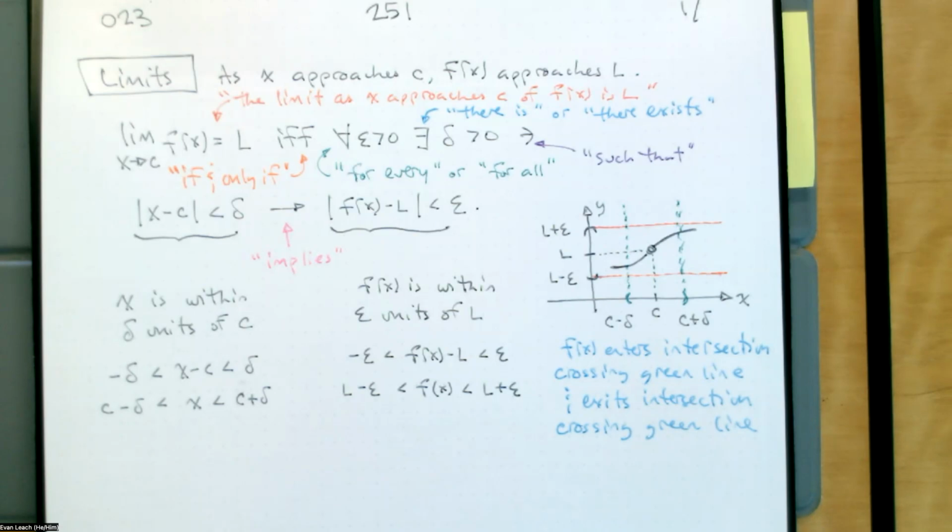Delta is how close we have to make the input to c to make that happen.